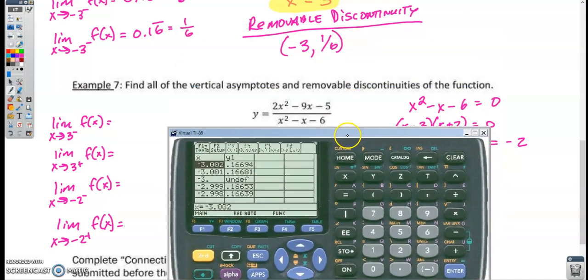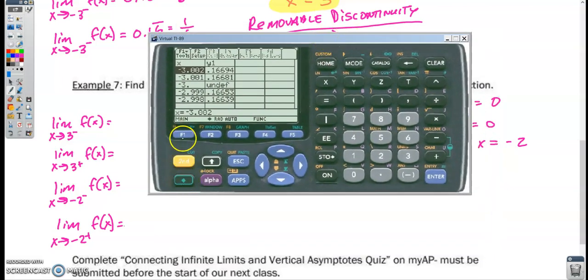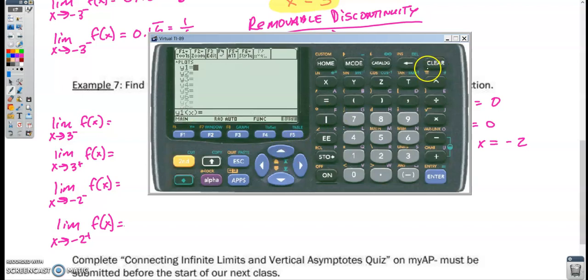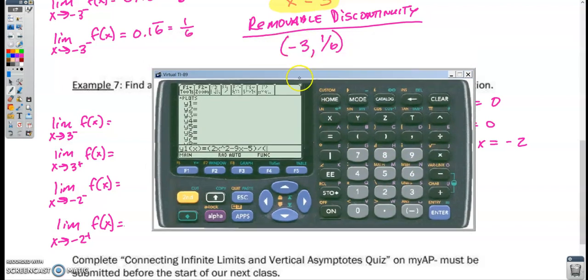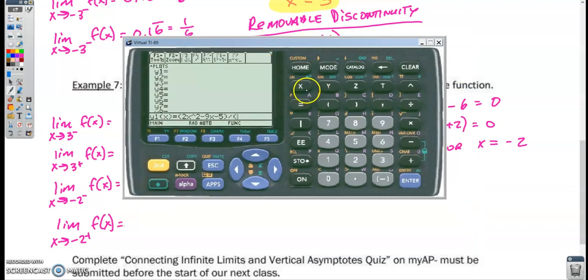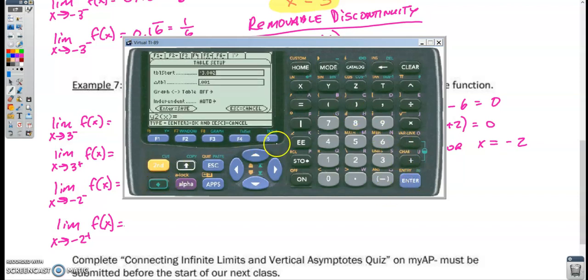I'm going to go ahead and put that function in, 2x squared minus 9x minus 5 over x squared minus x minus 6. And I'll set up my table.